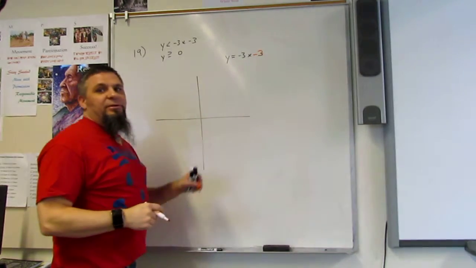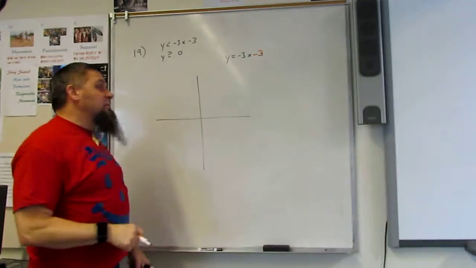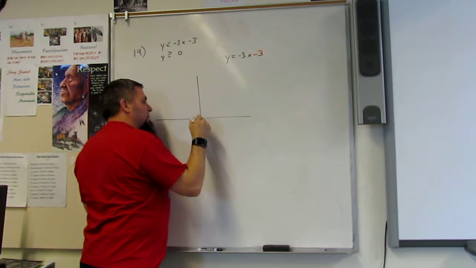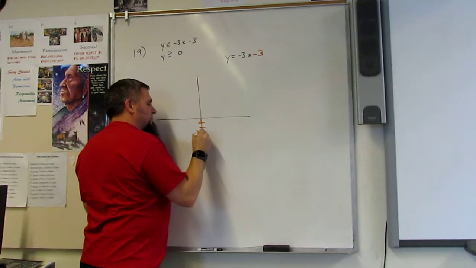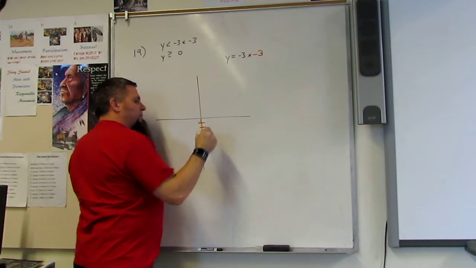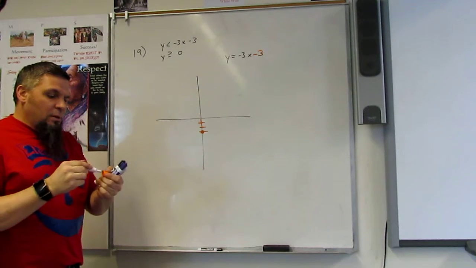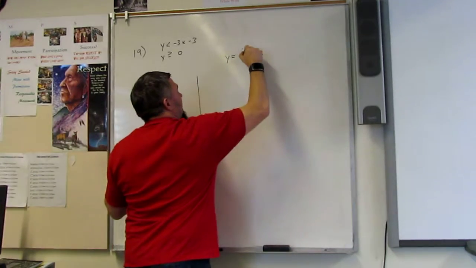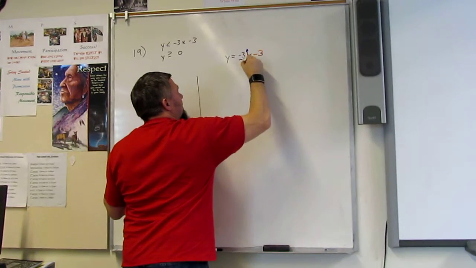That -3, yeah, the last one. Perfect. That's my starting point, and it's at -3. Space these out a little better. So this is my starting point. And then my slope is rise over run.